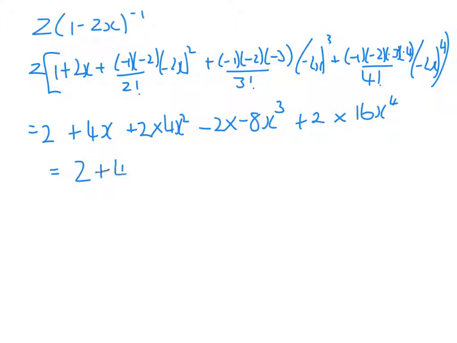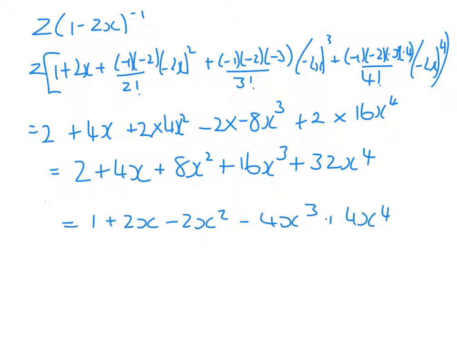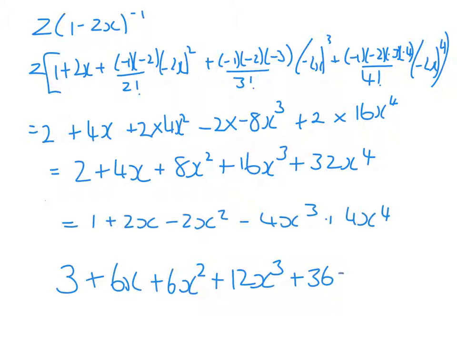So 2 plus 4x plus 8x squared plus 16x cubed plus 32x to the 4. And if we bring the two together, we get the answer 3 plus 6x plus 6x squared plus 12x cubed plus 36x to the 4.